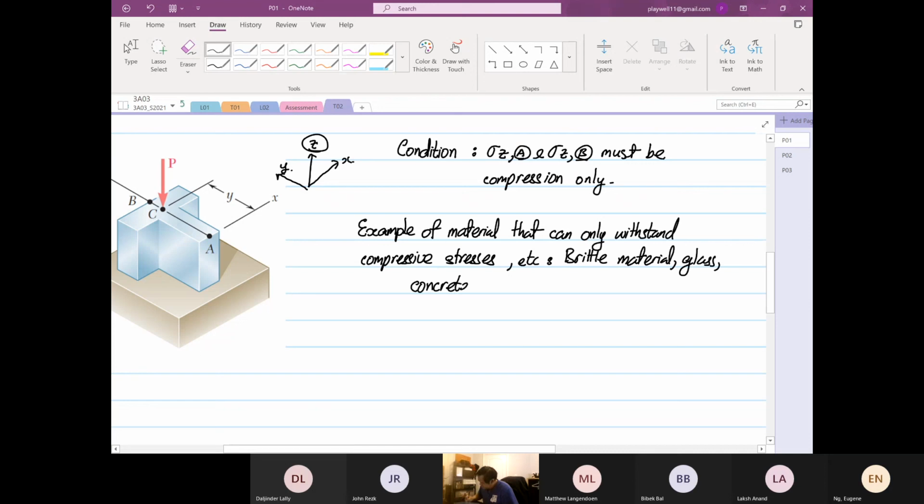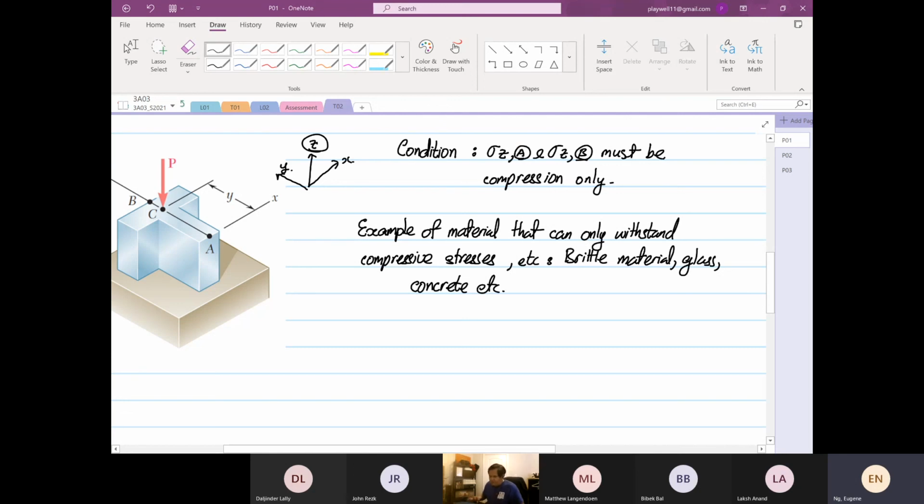Okay. So in this case, we were told that stress Z at point A and stress Z at point B has to be compression. Okay. By no means are we allowed tension.